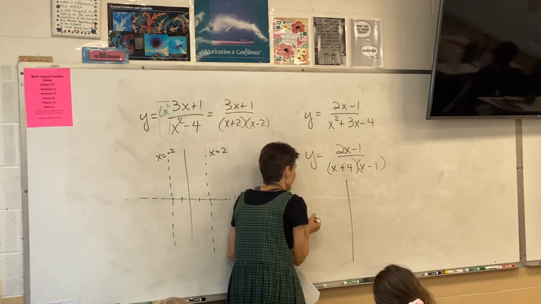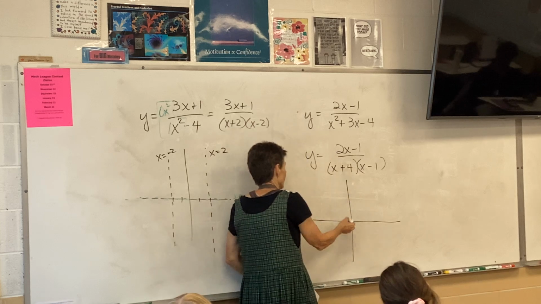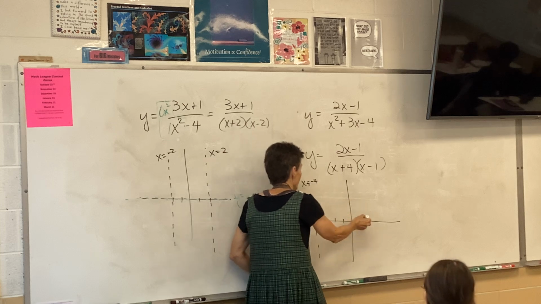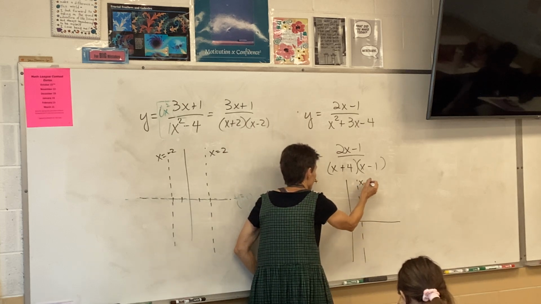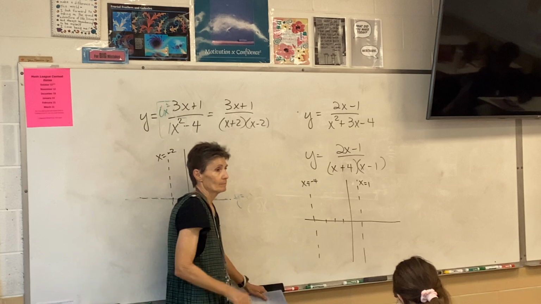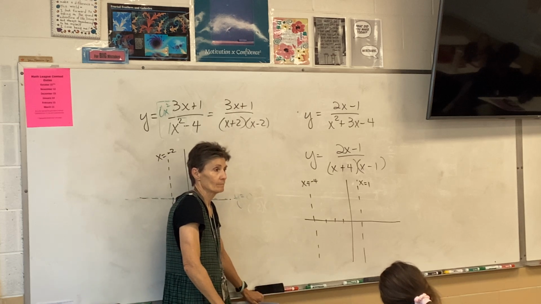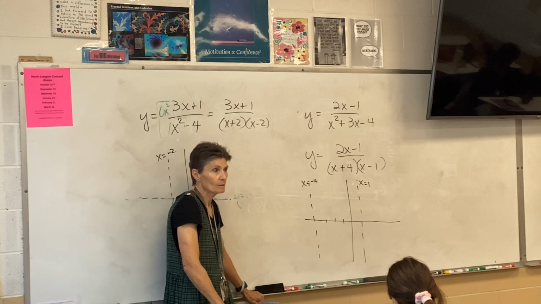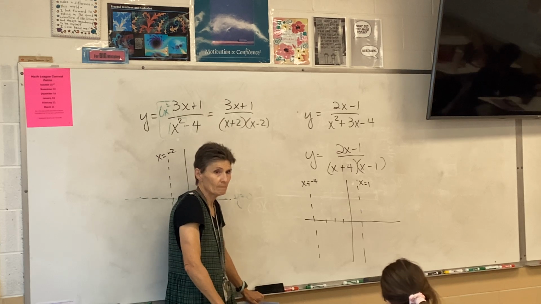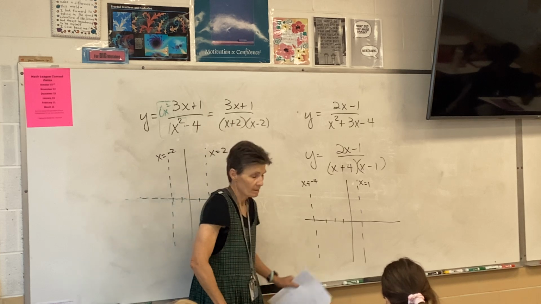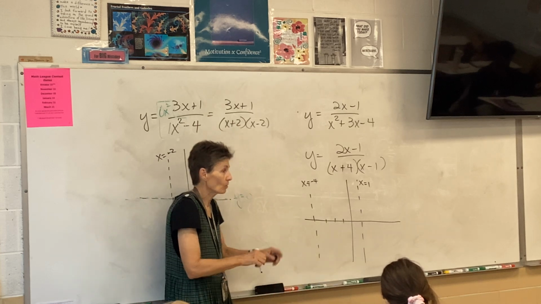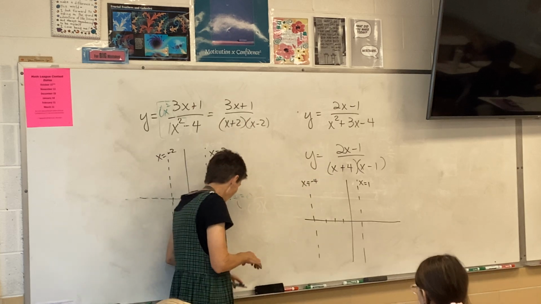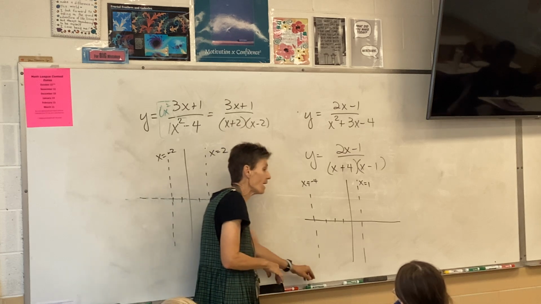Where are my vertical asymptotes? -4 and +1. How do I get my horizontal asymptote? I box in, right? What do I box in? The highest power. Go back to the original problem. What is the highest power I have?